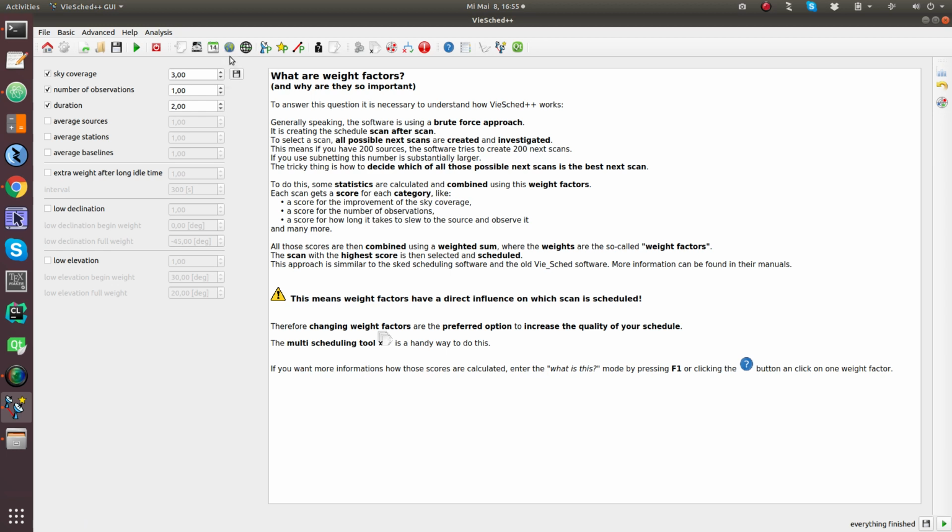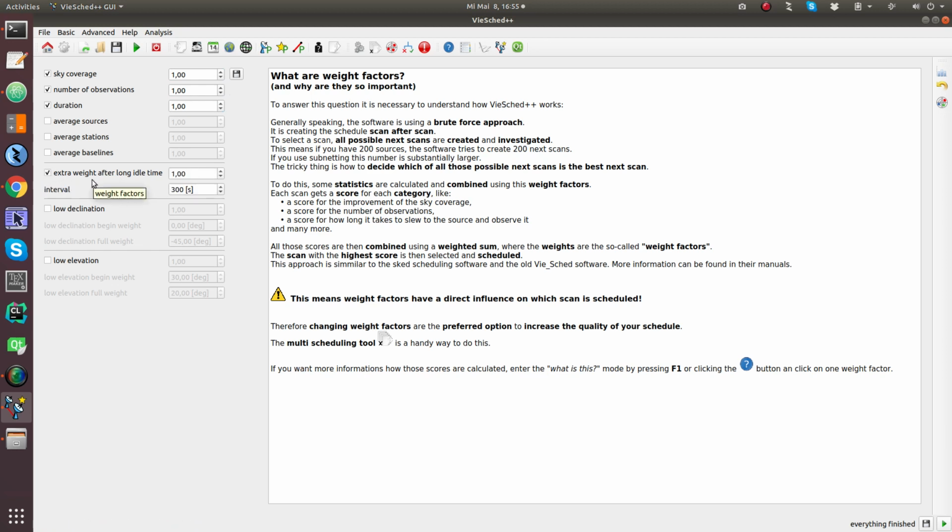The only exception can be intensives, where you only have 2 stations, for example. Then you don't need to worry about the number of observations per scan, because this is fixed at 1 for every scan, so it has no influence and you can deselect it. But other than that, these three weight factors are the most important ones. And I usually also like to add this fourth weight factor here.